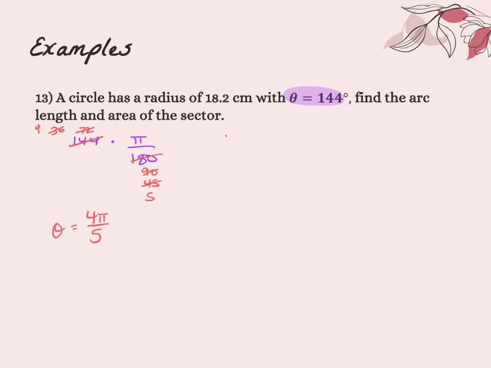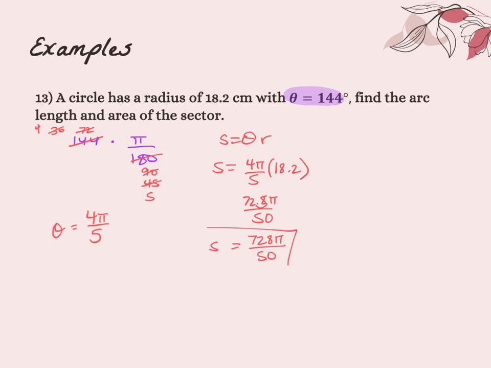So then the length would be 4 pi over 5 times 18.2. I'm going to keep it exact. I'm going to do 4 times 18.2. 72.8 pi over 5. If this was on the quiz, I'd have to get rid of the decimal. So I'd move this one place and one place, and it would look like that, because you wouldn't have a calculator.